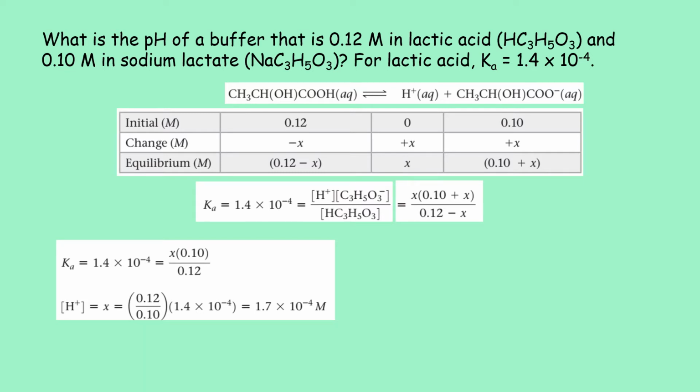Thus, we can further simplify our equation to give us this. So now we can calculate our pH. Our pH is 3.77.